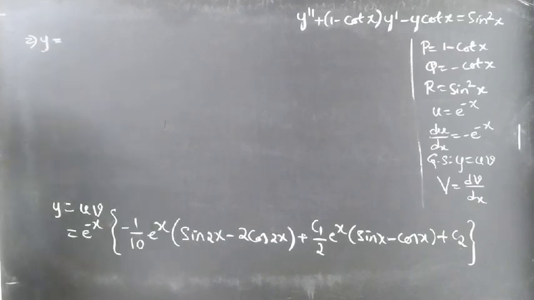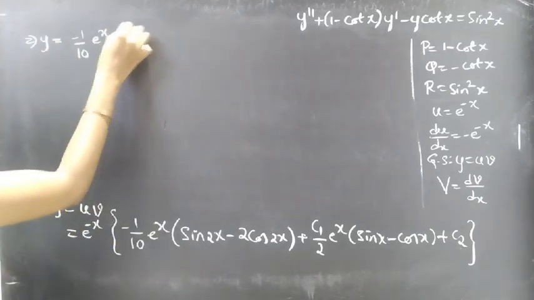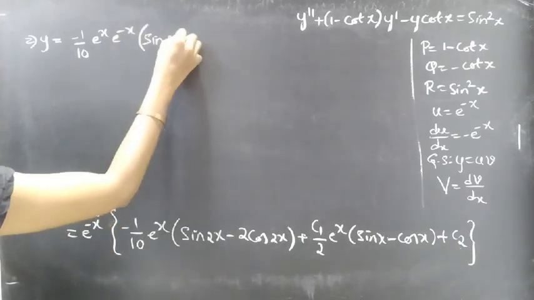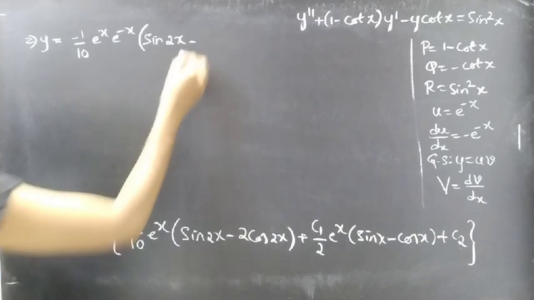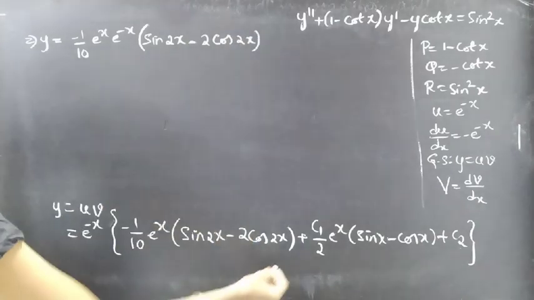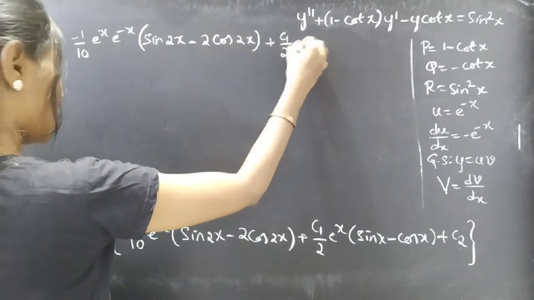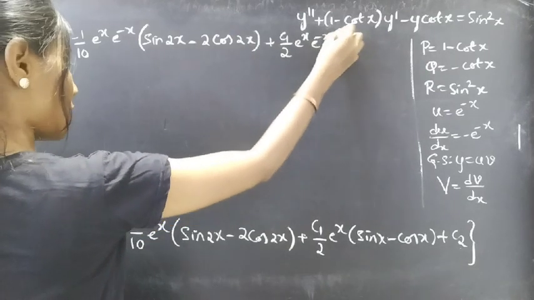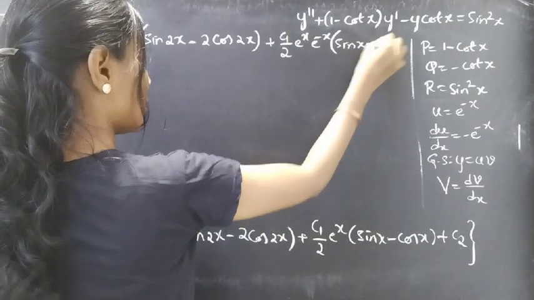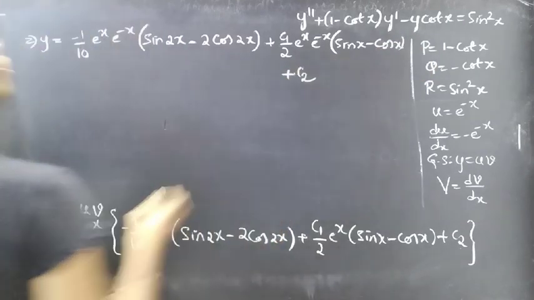Then y equals minus 1 by 10 into e power x into e power minus x of sin 2x minus 2 cos 2x plus c1 by 2 into e power x into e power minus x of sin x minus cos x plus c2.